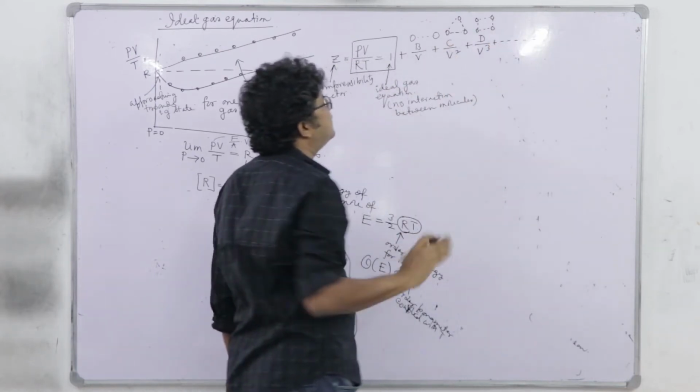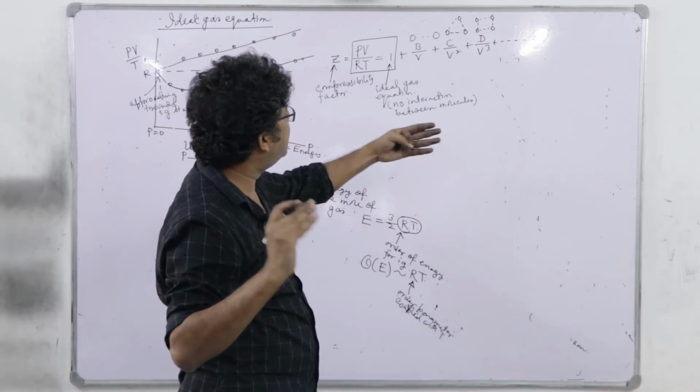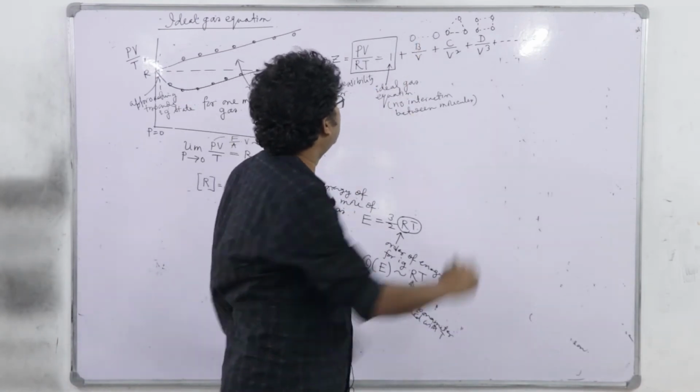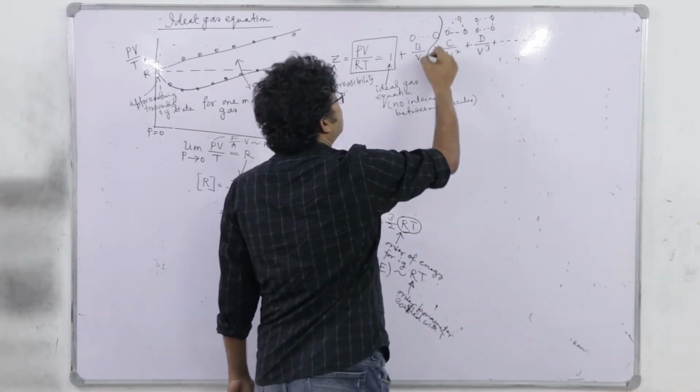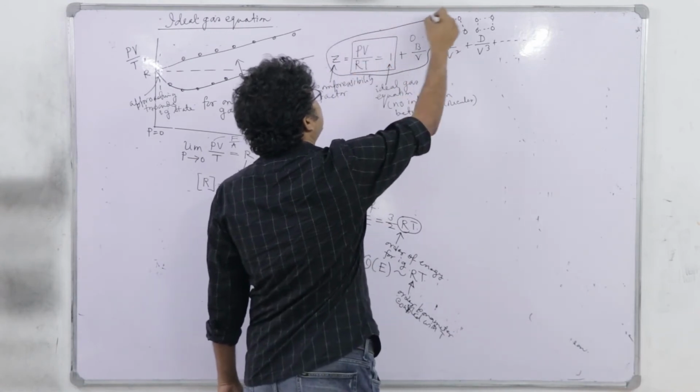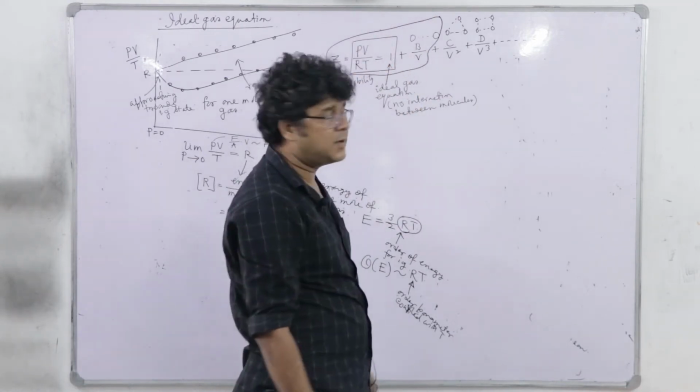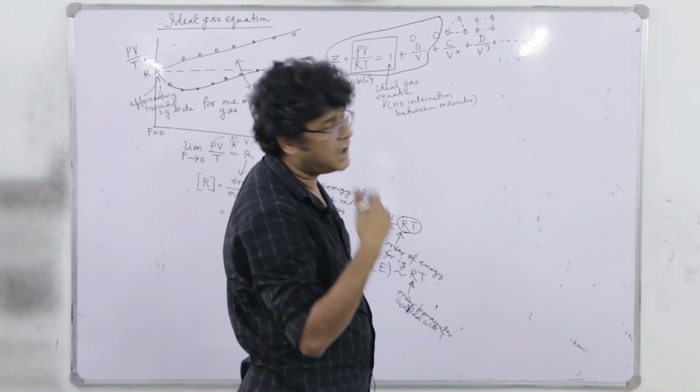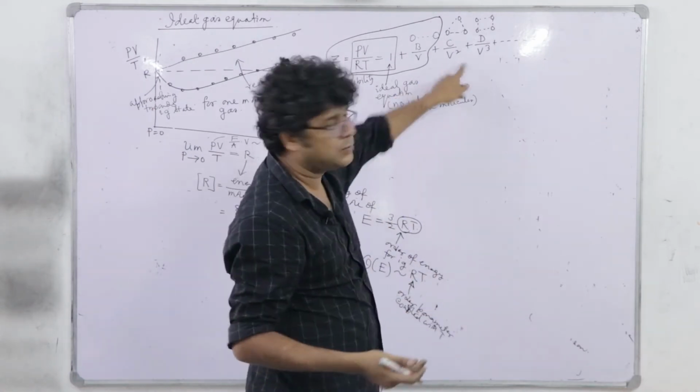Such that if the pressure is low to moderate, we can truncate the terms here, and the equation becomes Z equal to 1 plus B by V. If we consider 2 body as well as 3 body interaction terms, we have to include this.